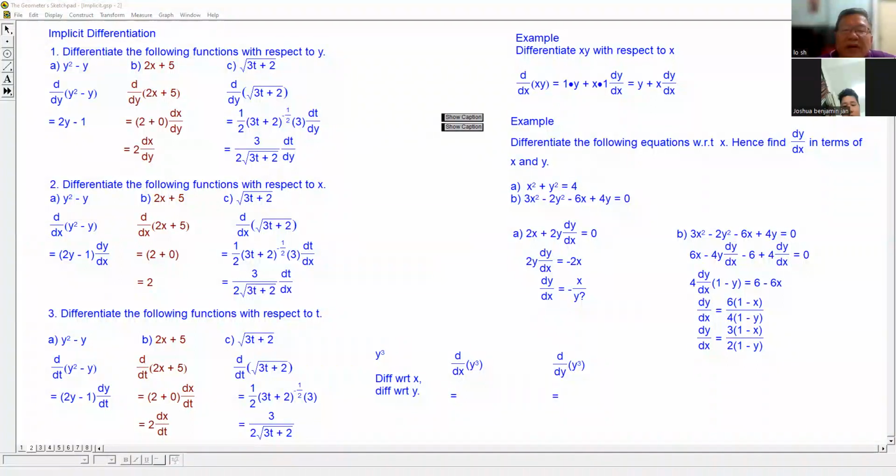Okay, differentiate with respect to x, 3y square; differentiate with respect to y, 3y square. This is correct, but the writing is not good. I show you. When you differentiate y cube with respect to x, it is 3y square, then you don't put the dy dx in front.